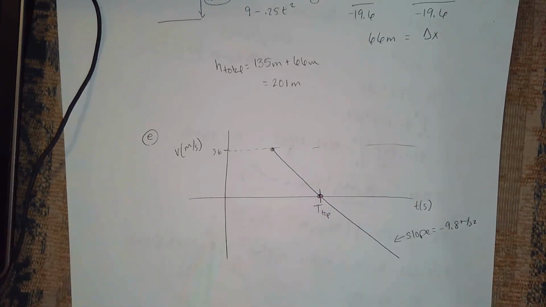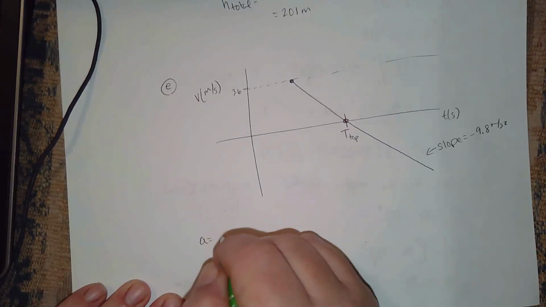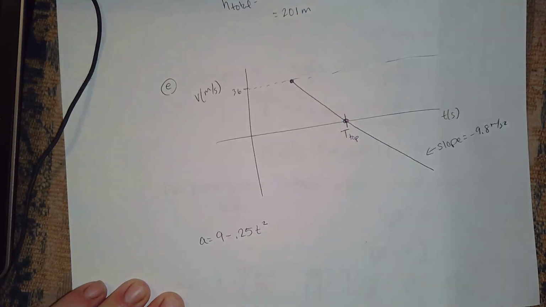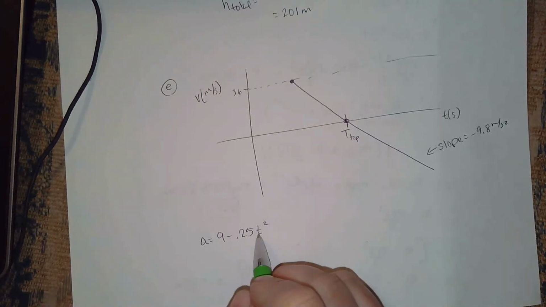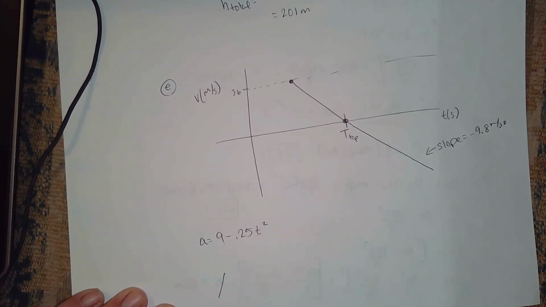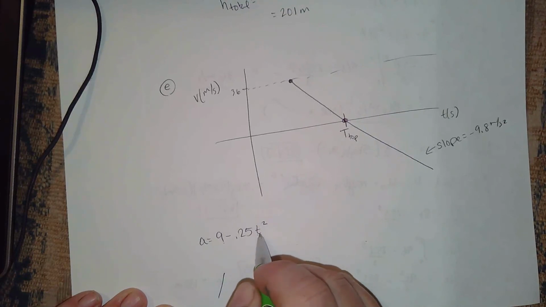So I just need to know, what am I doing in the beginning? So if I look at that acceleration equation, which was 9 minus 0.25 t squared. Okay, at 0, my acceleration is 9. So it is big and positive. Okay, maybe not quite that big, kind of like this. But as I start getting a bigger time over here, this starts decreasing.